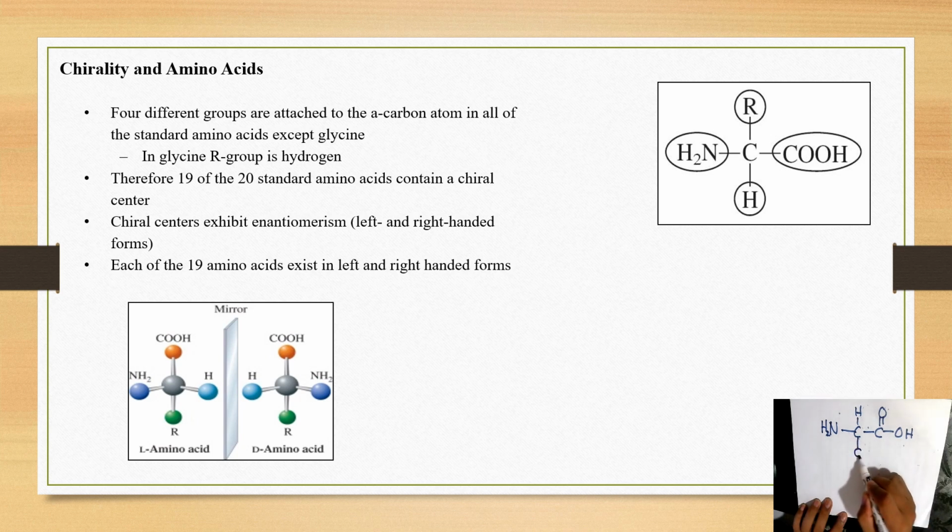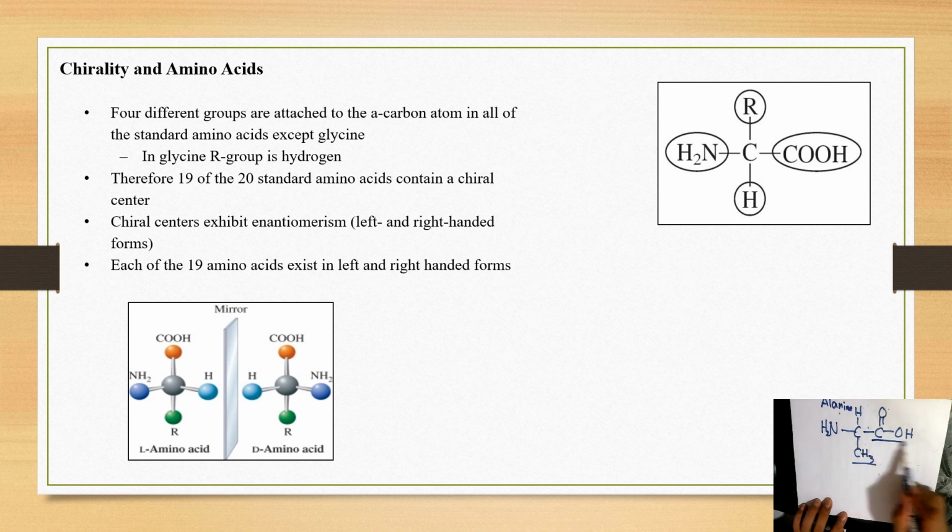I'm drawing alanine. Sorry, I'm drawing alanine, because it's a smaller molecule. So alanine, the R group is a methyl group.